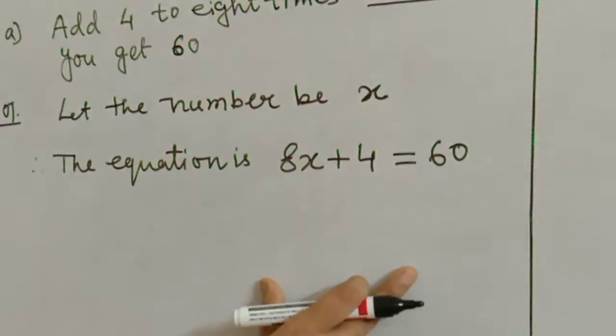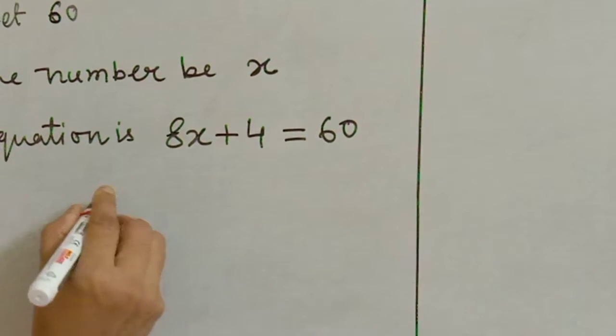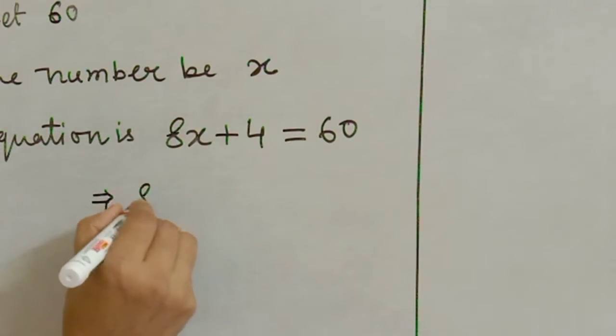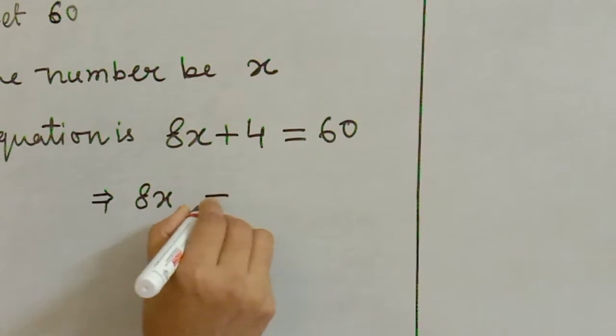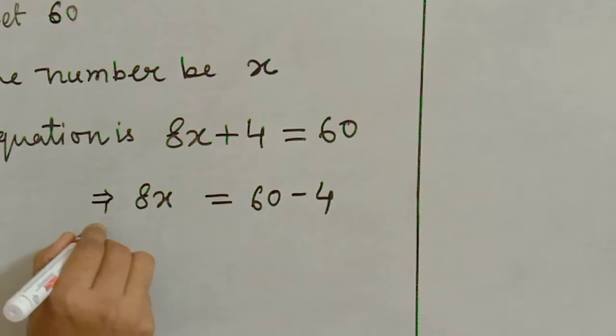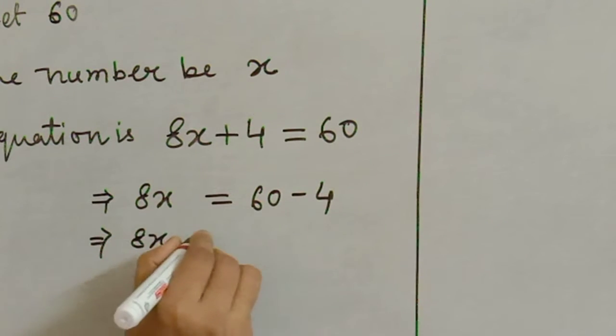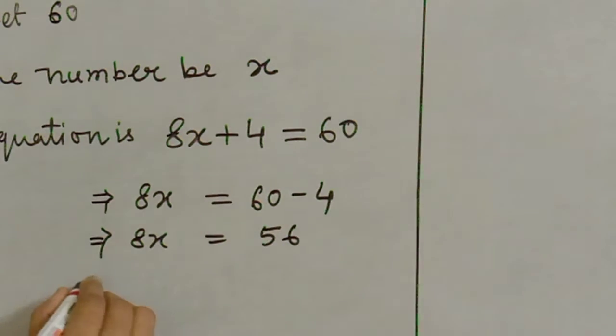Now you need to find the value of x. Use the method of transposing. Separate the variables, 8x here. Now 4 you need to transpose to the right side: 60 minus 4. 8x is equal to 60 minus 4, 56.